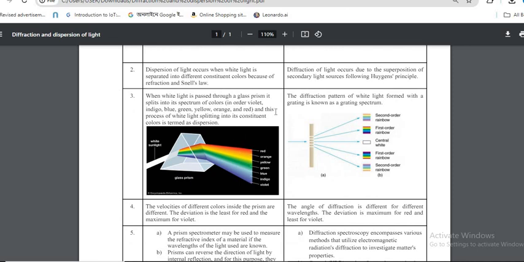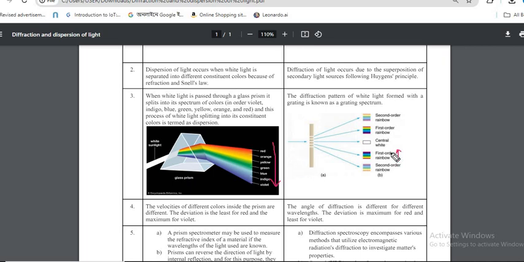Now see, there is a distinct difference between dispersion and diffraction. On the left hand side, the pattern starts from red to violet, moving in the downward direction. Whereas you can see the order of the spectrum here is violet to red.